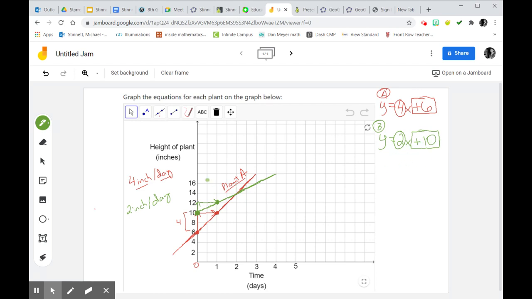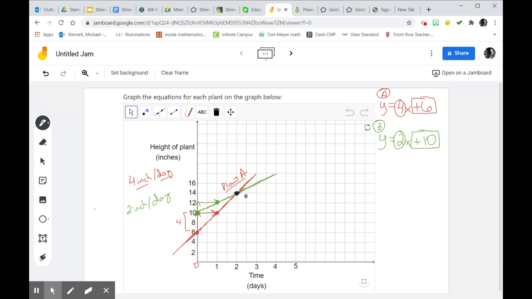Now I can ask, and I'll change to black, where is it that both these plants are the same height? Well, we want this point right here, because this is where they intersect. What this says is that after 2 days, they have grown to 14 inches. So they're both 14 inches at 2 days.